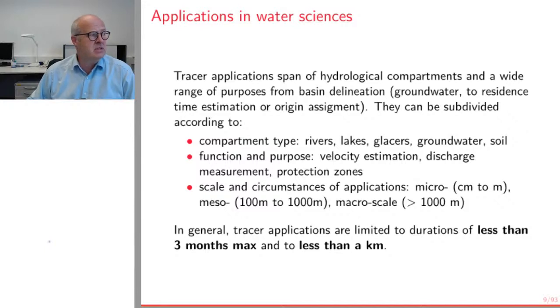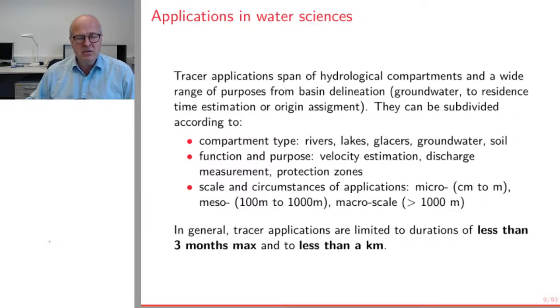From my experience, there's no administration in Germany that has the patience to wait for a breakthrough of a tracer that takes more than 3 months. People will get impatient. They will say, let's stop the experiment. In a research context, you can do this. You can make a tracer experiment and wait for the result next year.